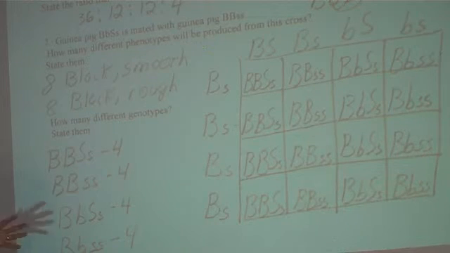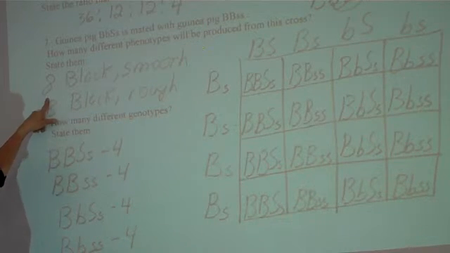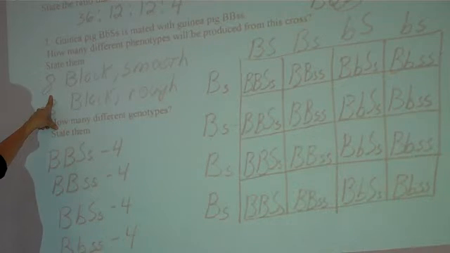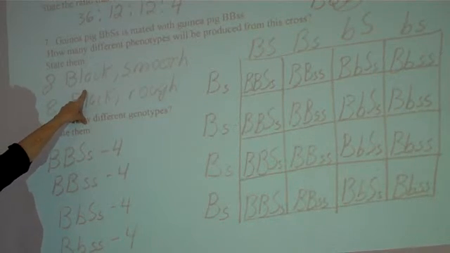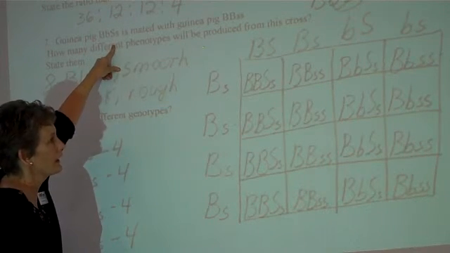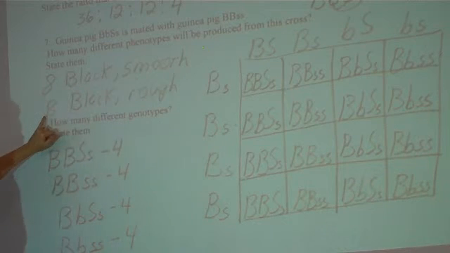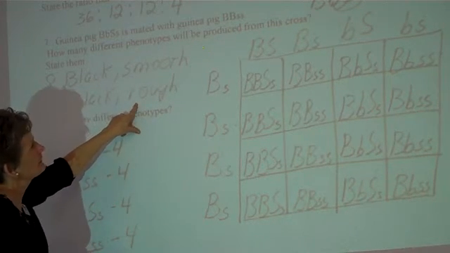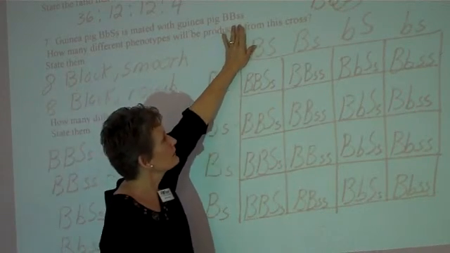Looking at this cross, you should find that you would have 8 of those guinea pigs that would have the black phenotype with smooth, which the big S would be smooth, okay? Smooth fur. You'd have 8 guinea pigs that would be black, that would have the recessive phenotype, which would be 2 little s's.